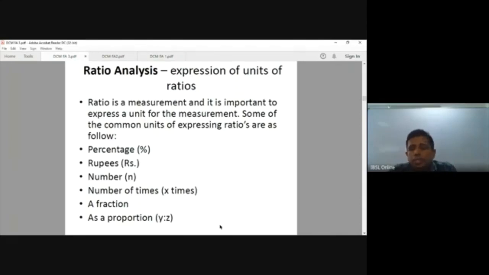As a proportion, if you have current liability 1, what is your current asset portion? If you have current liability 1, what is your quick asset amount? Right. Likewise, some are percentages, some are rupees, some are numbers, some are number of times, some are fractions, some are proportions. Right.